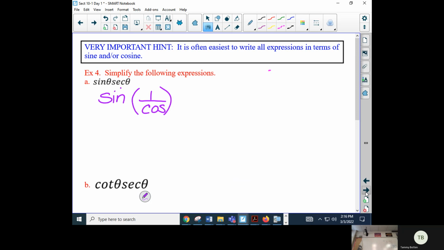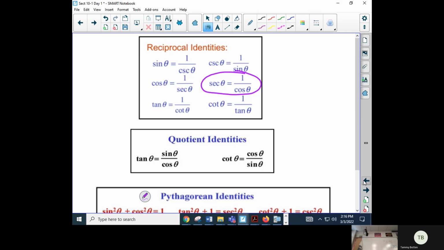Now, when you do this, you basically just multiply across the top and you get sine. And on the bottom, you have cosine. Once you get to that point, you want to see, could you write that as something else? Because you want to simplify it as much as you can. What is sine over cosine? Sine over cosine is tangent.